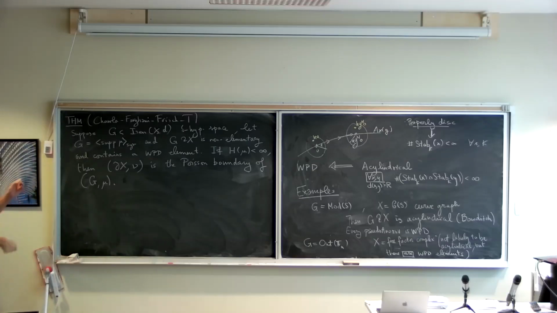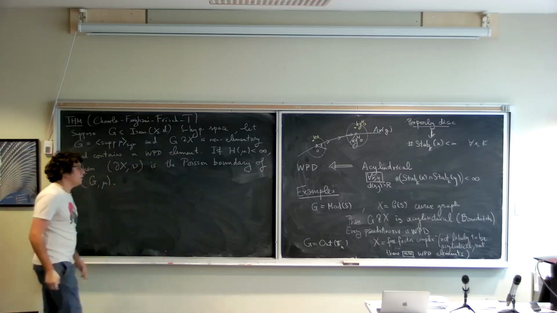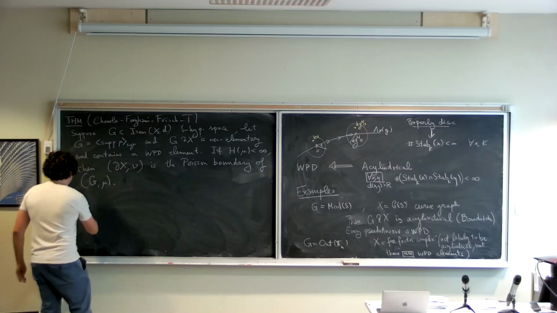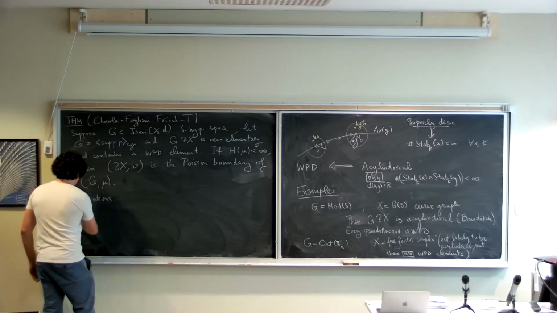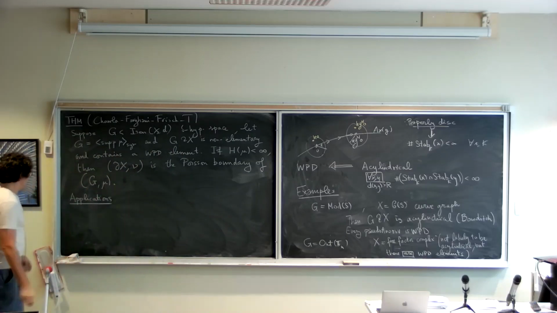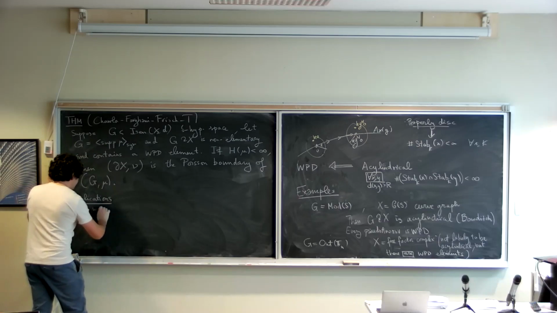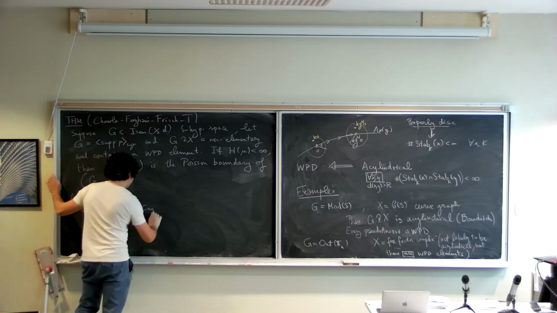So you see that we do need a certain level of openness, but somehow just the minimum. So of course, the applications of this are really general. The easiest one would be G word hyperbolic, when X is a Cayley graph.